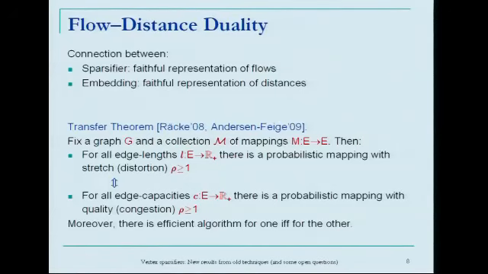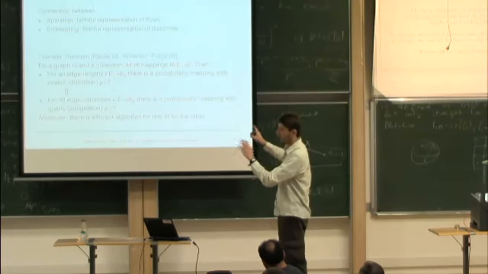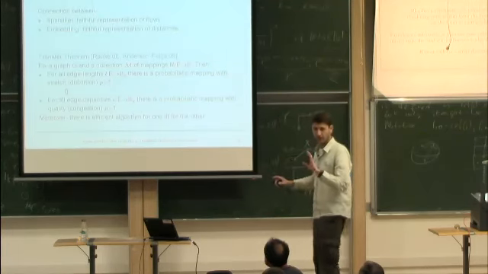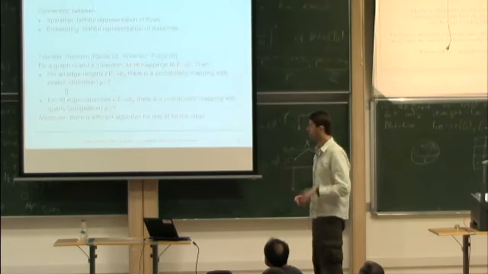Suppose we fix a graph G and a collection, this calligraphic M, of mappings between edges. Some sort of mappings between edges in the graph. I'll give you the details in the next slide.